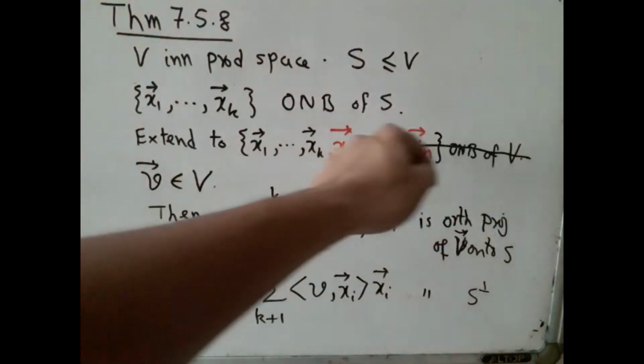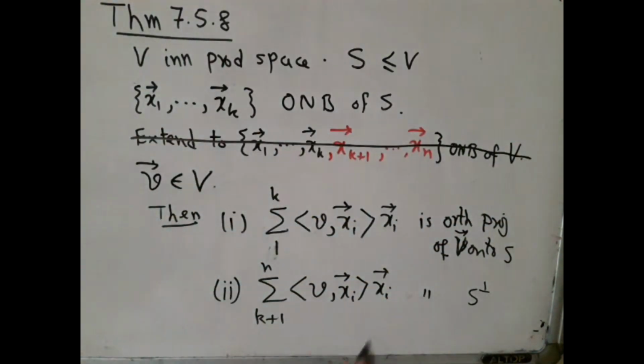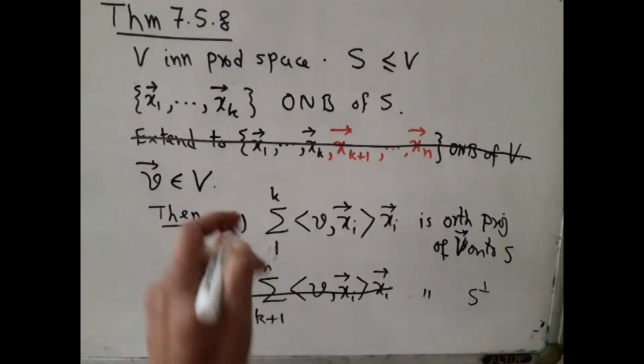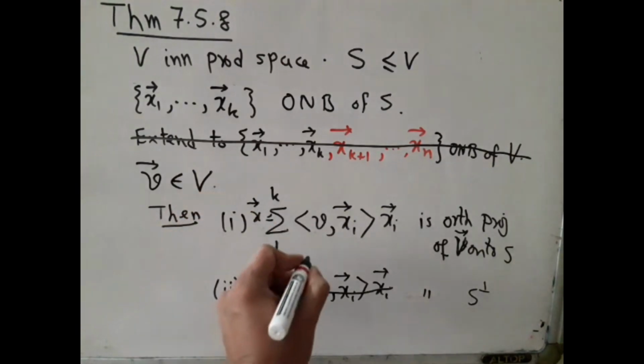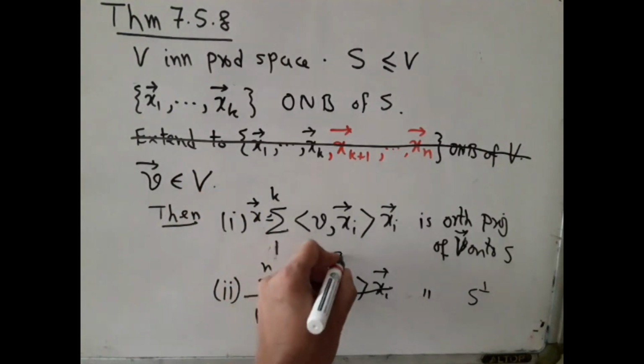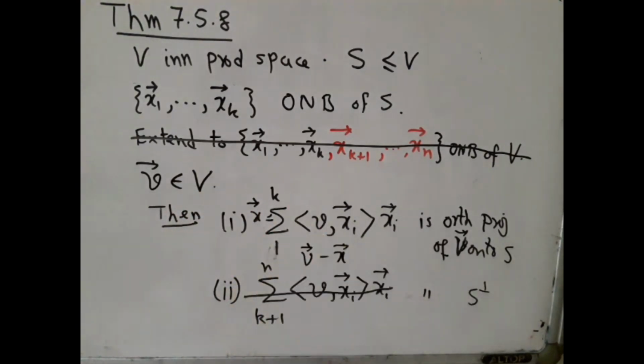They have not given you this line, and here they have written simply, suppose I call this X, then they call it V minus X, which makes the theorem look shorter, but I think this gives you the entire picture.